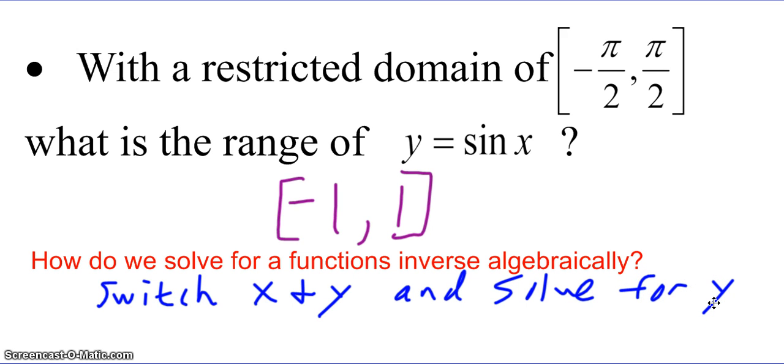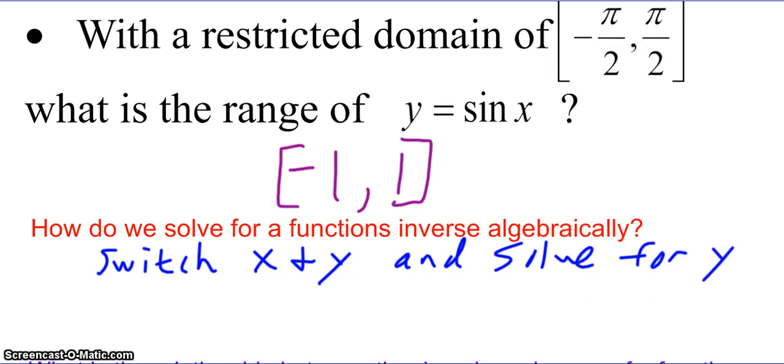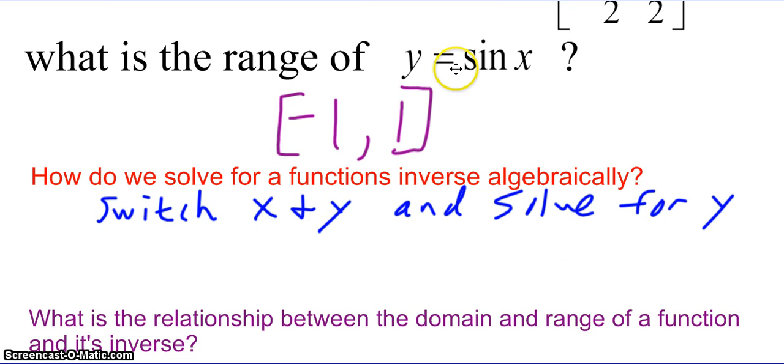We switch the x and y and solve for y. Well, if we do that, if we think about this equation, y equals sine of x, that would become x equals sine of y. Well, how do I solve for y? Remember, we can't just divide by sine because sine is attached to the y.